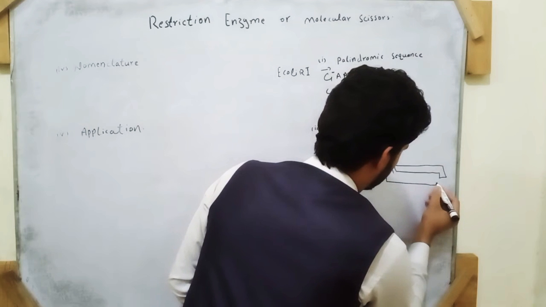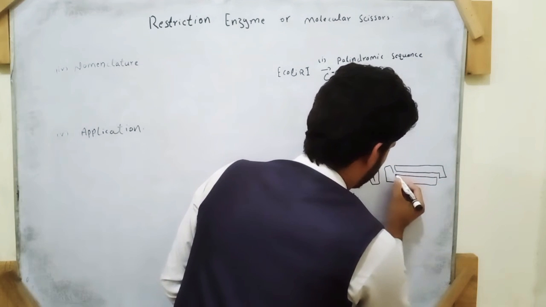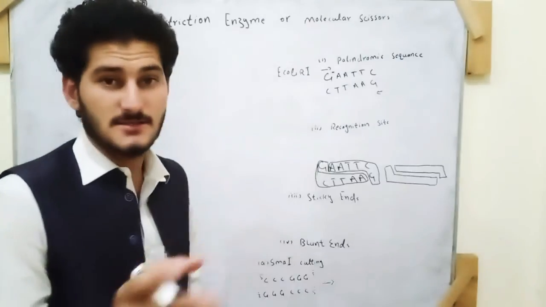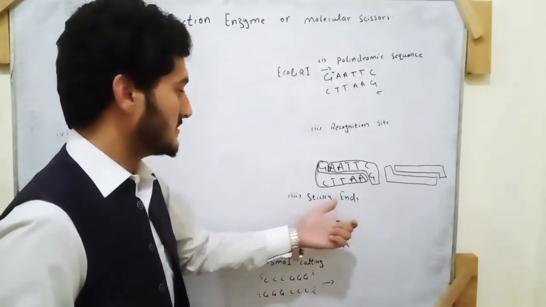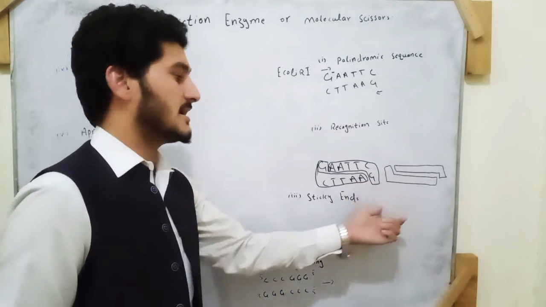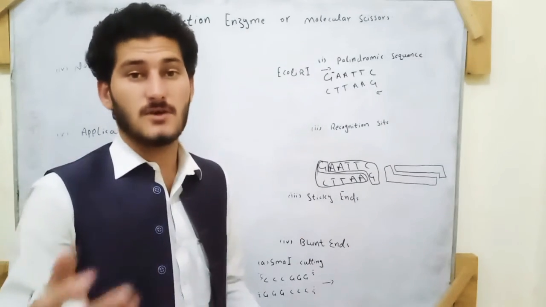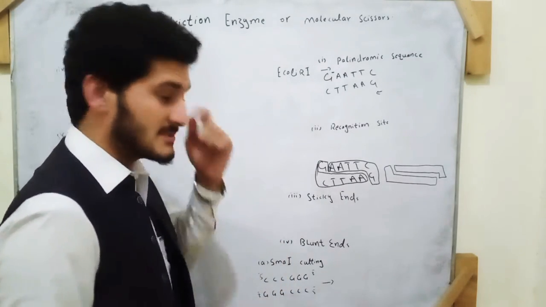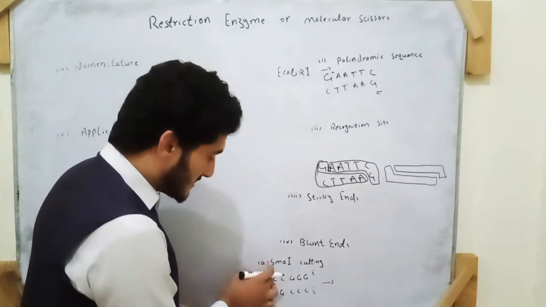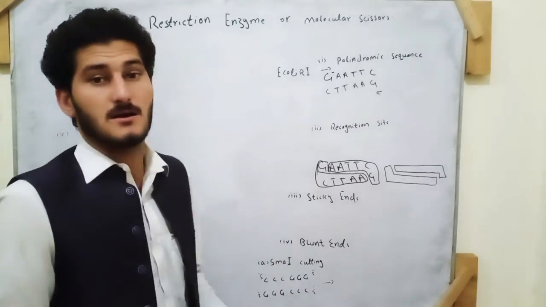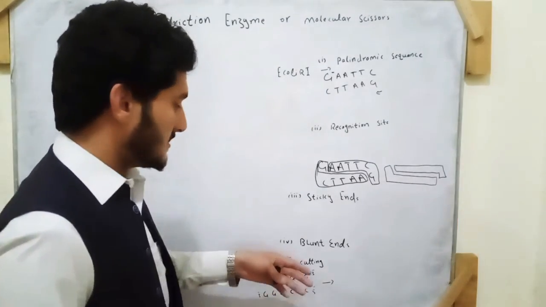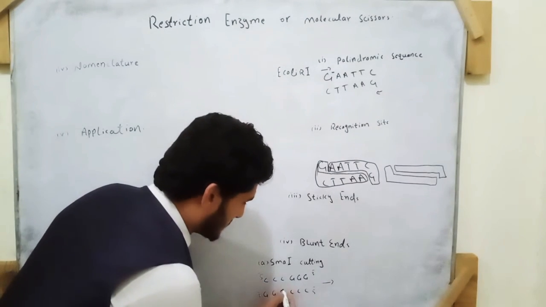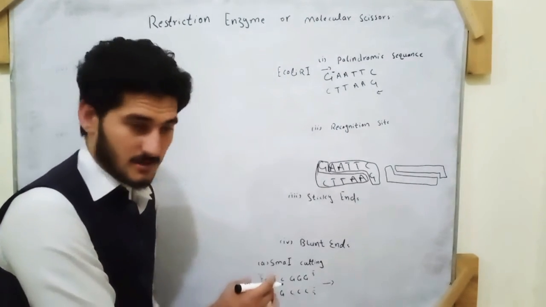Here, two types of sticky ends are found. These ends are called sticky ends or cohesive ends. Now, another type of enzyme is SmaI, which can produce blunt ends. Let's look at this palindromic sequence.